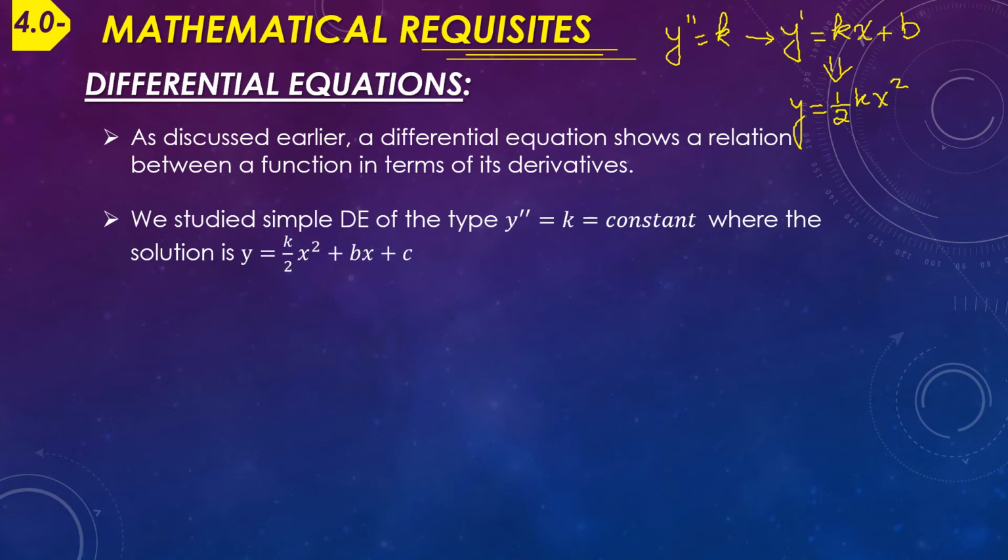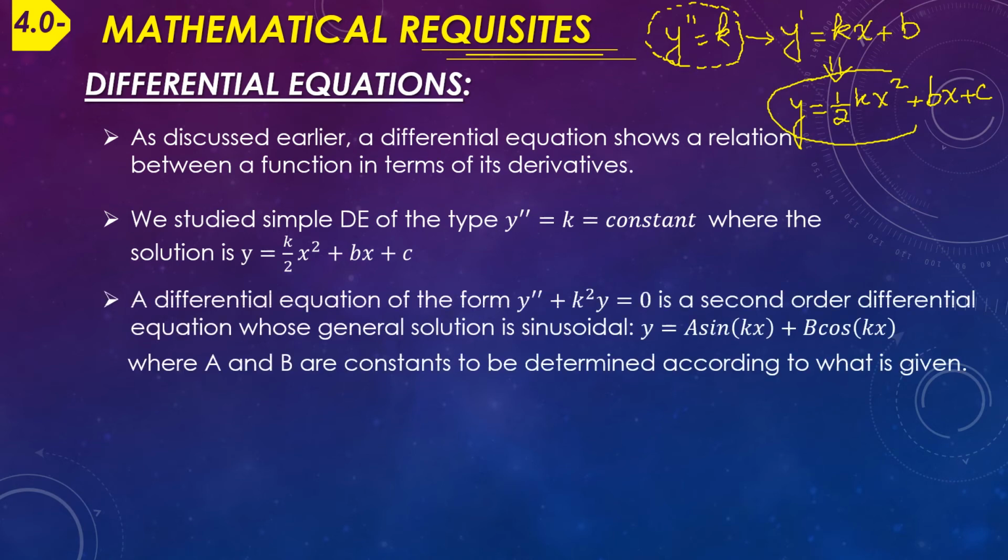If I derive x squared, I get 2x. Since y prime has kx and not 2k, I multiplied kx squared by half. Same thing for b, but b is easier here, plus bx plus a constant, let's call it c. So when the differential equation is y double prime equals k, a constant, we expect the solution to be y equals half kx squared, okay? Now plus some other terms.